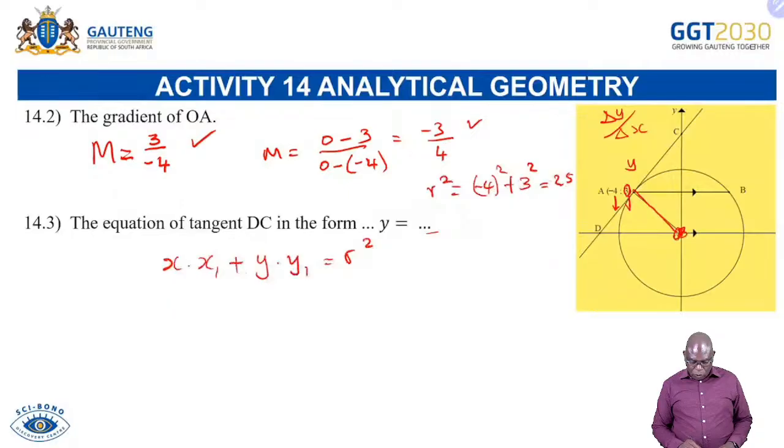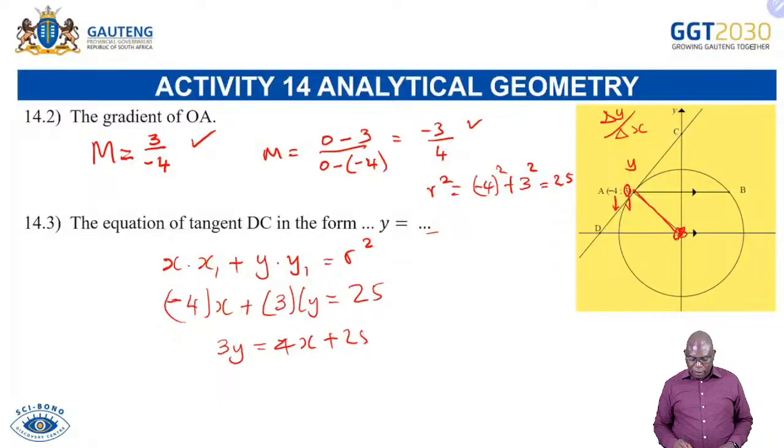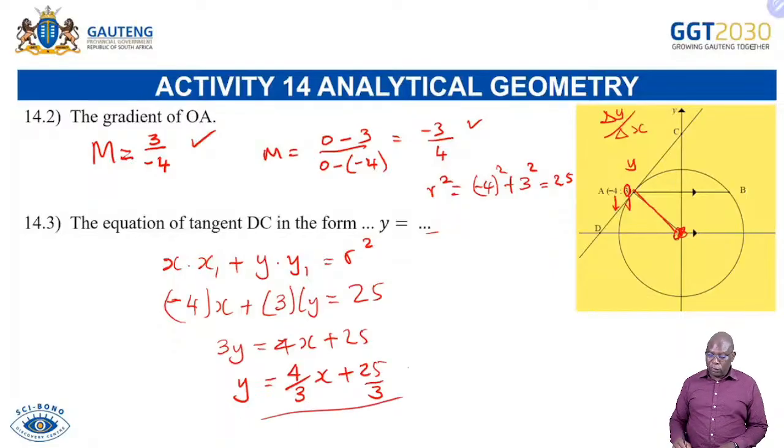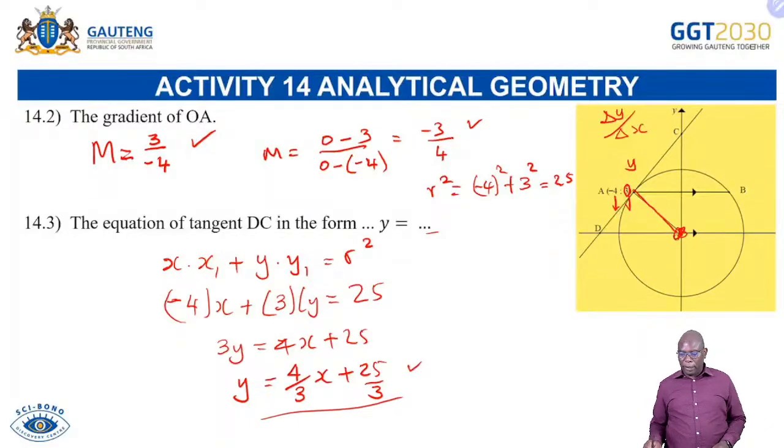So it's minus 4x plus 3y equals 25. 3y equals 4x plus 25. Then my y will be 4 over 3 x plus 25 over 3. So the equation of the tangent will be in that form.